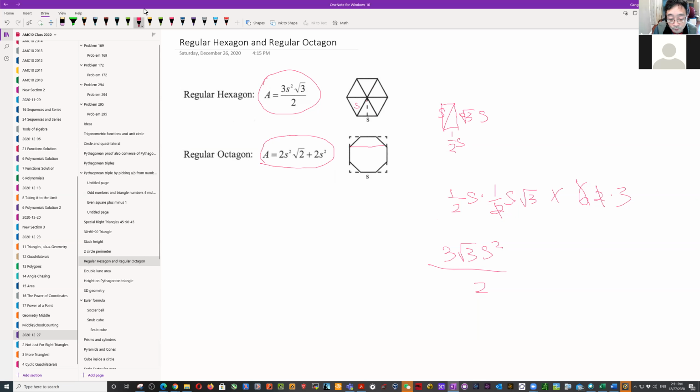And for this regular octagon, you can find out that the area could be summarized by the middle rectangle. So if you draw it this way, what you will see is that it's made up of the inner square with the area S squared.